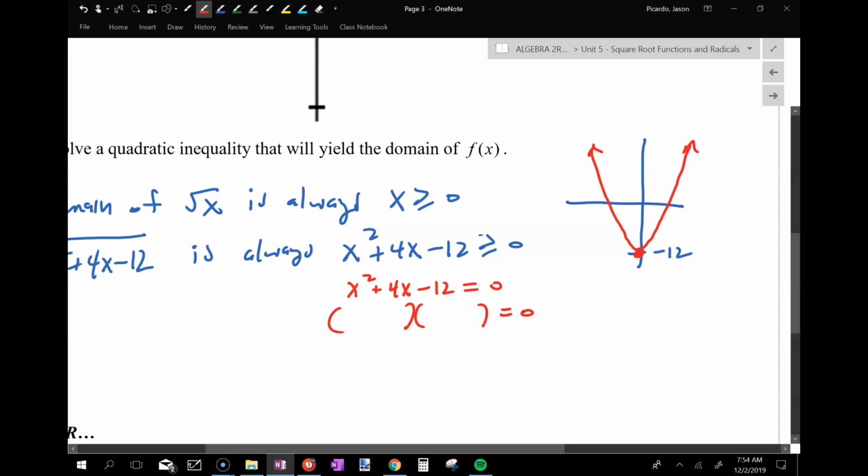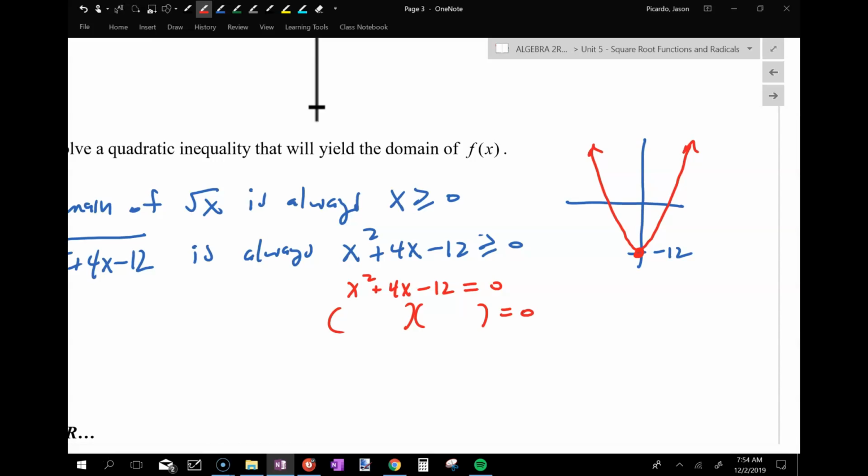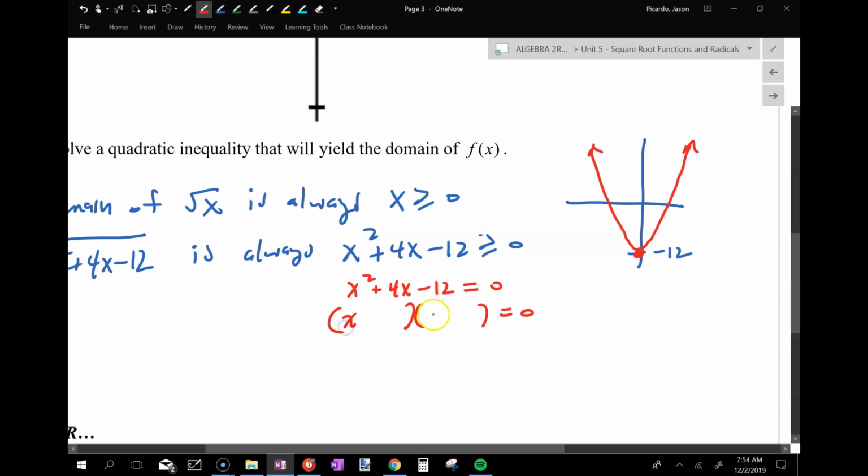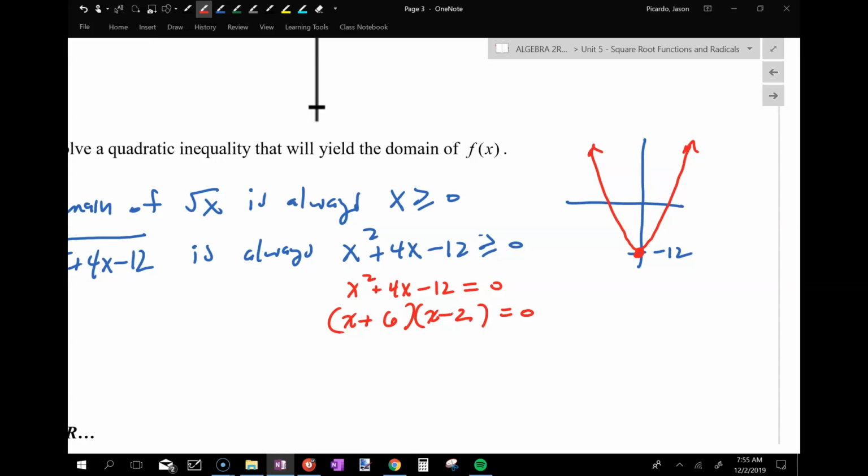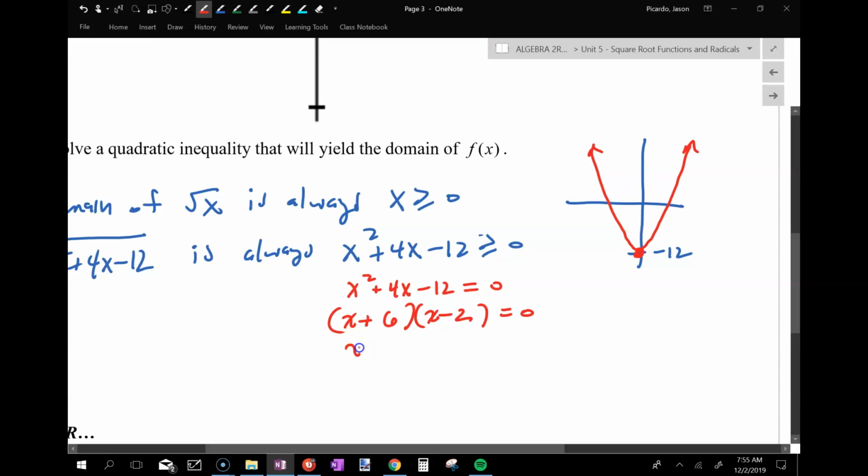Give me 2 numbers that multiply to be negative 12 and add to be 4. I hear a 6 and a 2. Can I get signs on those? Positive 6 and negative 2. And what am I supposed to do with those now? Set those both equal to 0 and solve to get the roots, right?